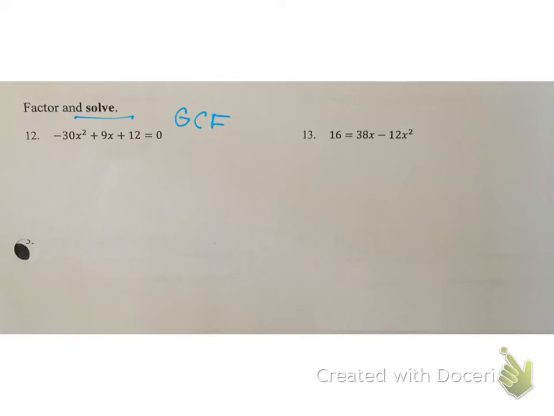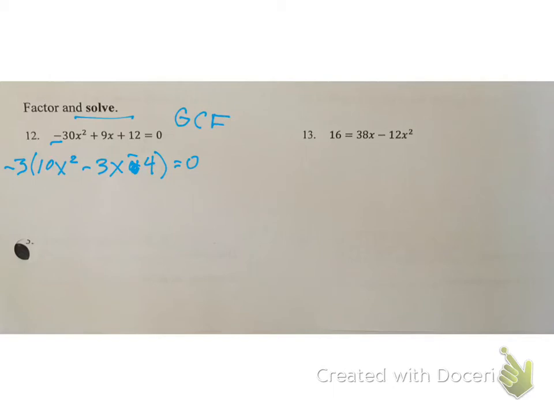In this case, I can pull out a -3. I want to get rid of this negative because I don't want a negative in front of the x squared. So if I pull out a -3, I end up getting 10x squared minus 3x plus 4, or actually a minus 4, equals 0.